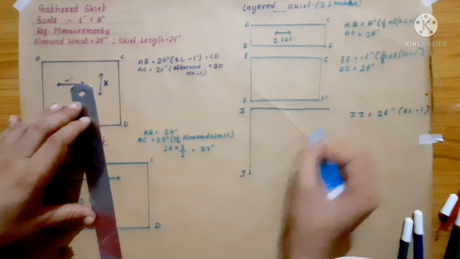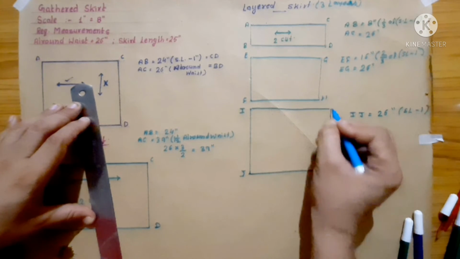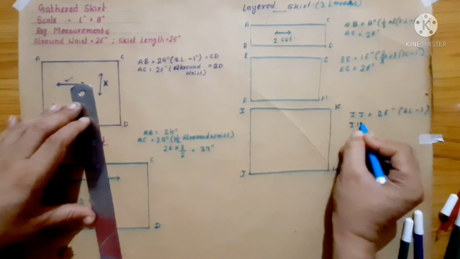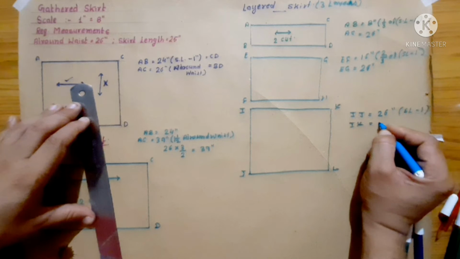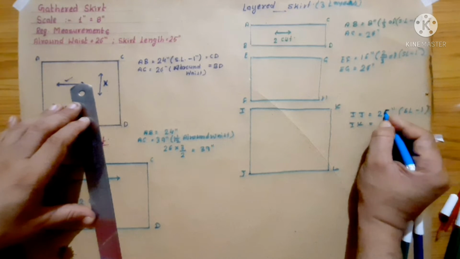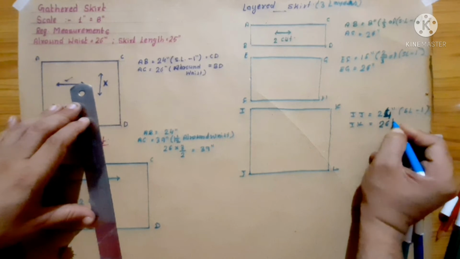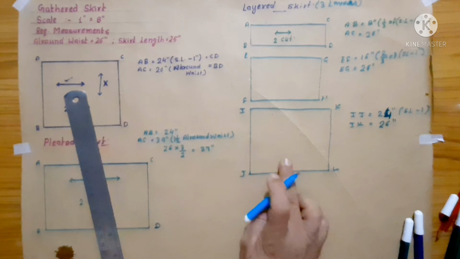And IK is equal to, this is 24 inches, sorry, IK is equal to 26 inches, just like this, right?